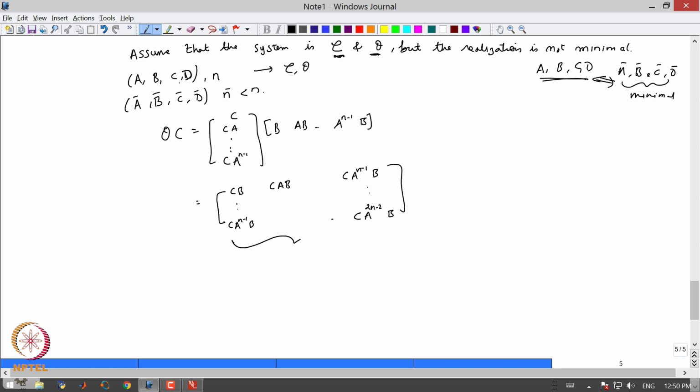Essentially, what are in these matrices are the Markov parameters.